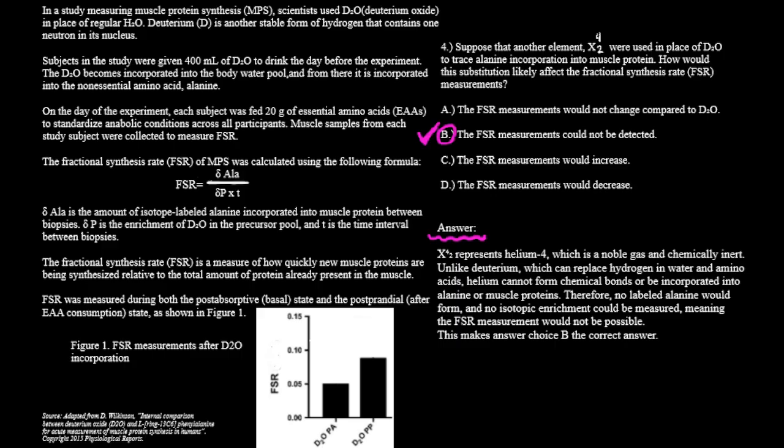Therefore, if helium were used in place of deuterium, it could not be incorporated into muscle protein, and FSR, or fractional synthesis rate, could not be measured. So, in conclusion, the substitution of this new isotope for deuterium in D2O would not allow the incorporation of the tracer into alanine and thus makes FSR measurements impossible. So, answer choice B is the correct answer.